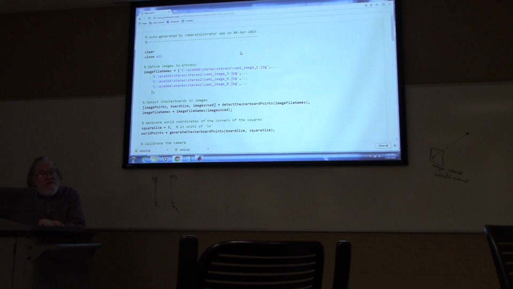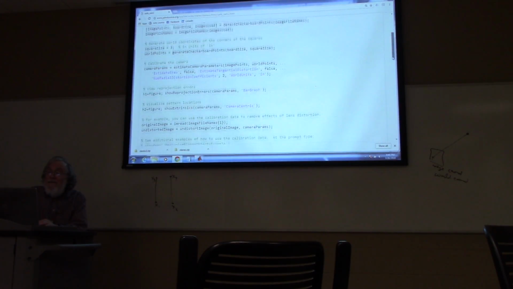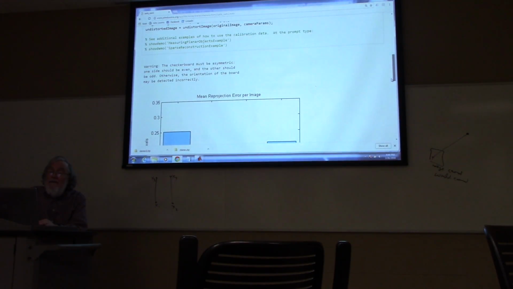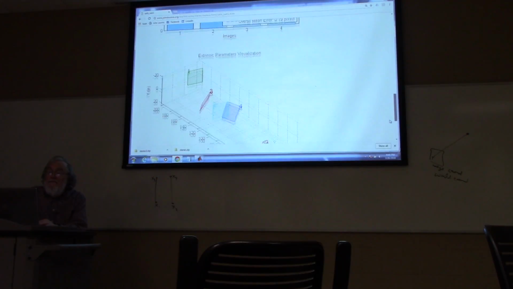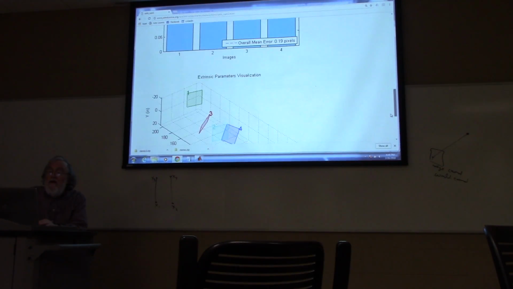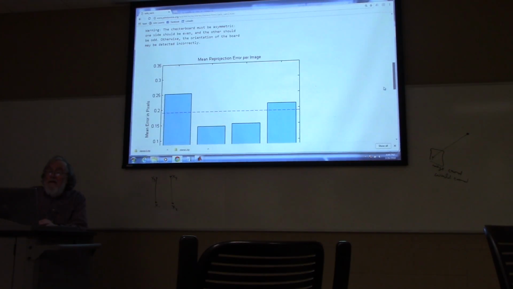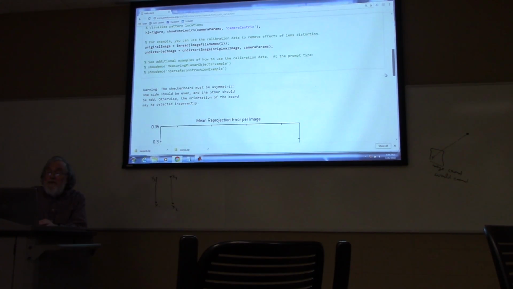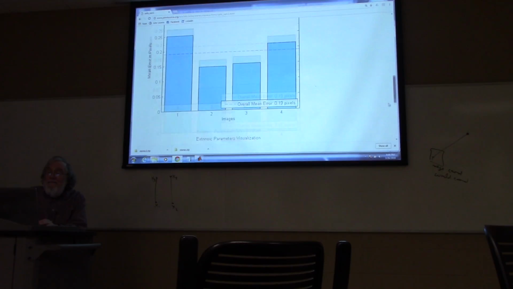Okay, so we took some artificial images. And we appeared to be running the MATLAB camera calibrator here, although it doesn't look like I actually showed the calibration parameters.